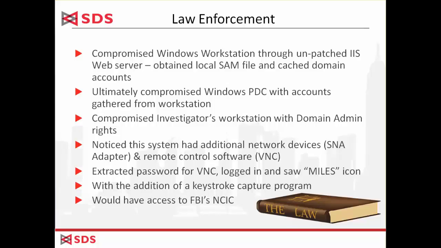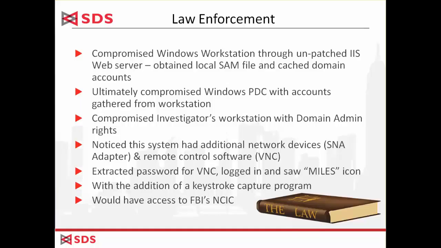Now, this particular configuration flew in the face of all of the security guidelines that the FBI provides to local law enforcement about how to access NCIC. You are never to do it on a network system. It's supposed to be on a standalone system. It's supposed to be something that's directly connected to that terminal server. But in this particular environment, I guess to try to save money or to not have to buy another system, they decided to make dual use of this particular investigator's workstation.